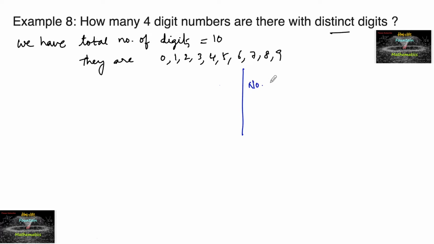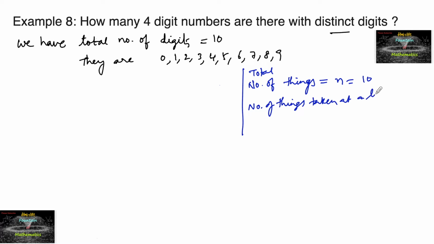Generally, if you speak about it without the 4-digit condition, the total number of things is equal to n, which is 10 here, and the number of things taken at a time is equal to 4.